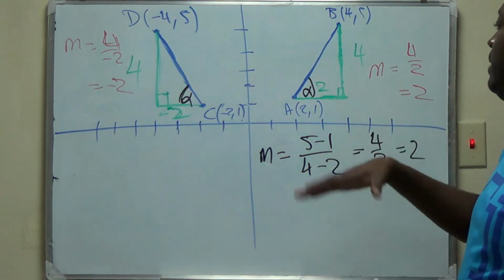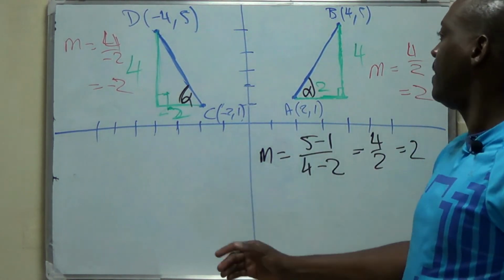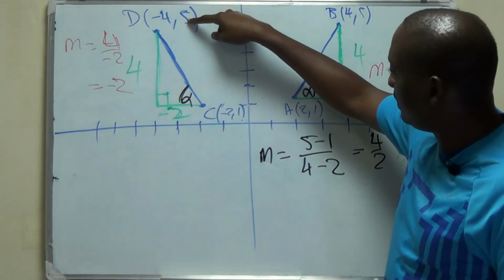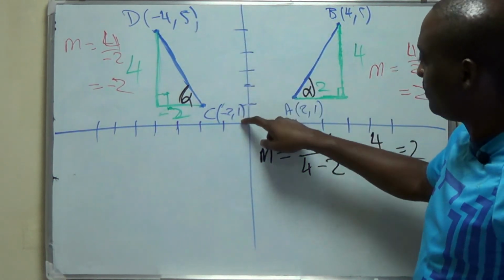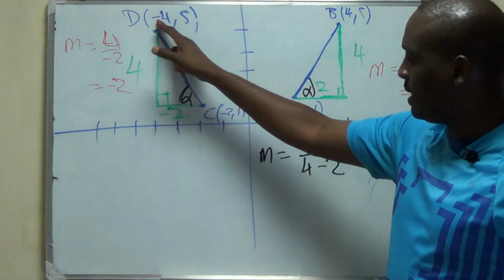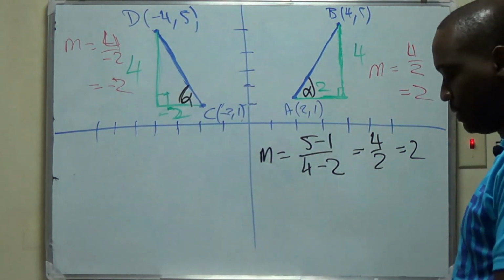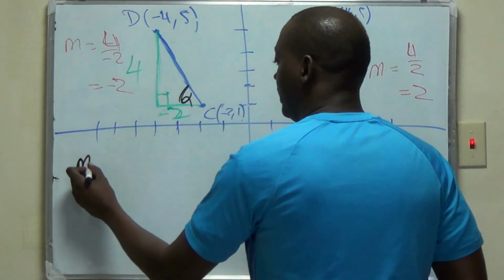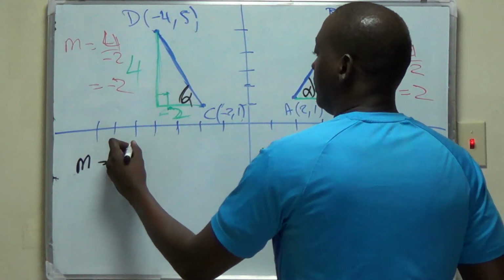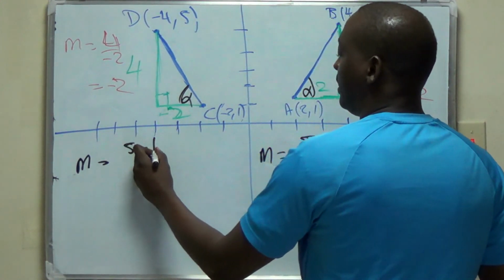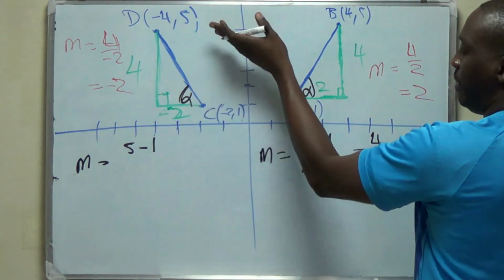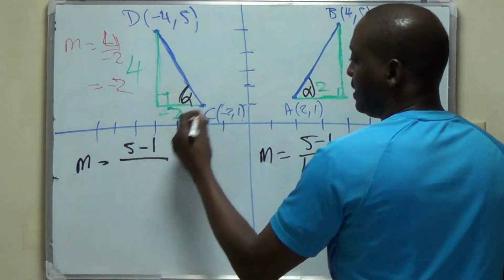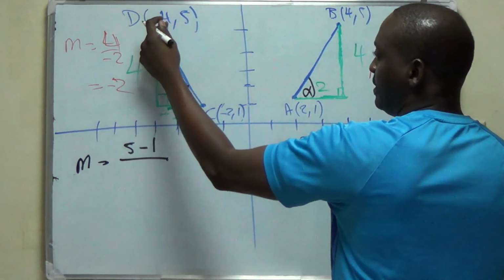Yeah, we had to keep the coordinates consistent. So if we take this coordinate from this one and we minus this one, then we had to take this one and minus this one, so that we could then say that the m in this case would be the same 5 minus 1 here, because in both cases we're going up, but in this case, because we're going to the left, will be this minus 4 here.